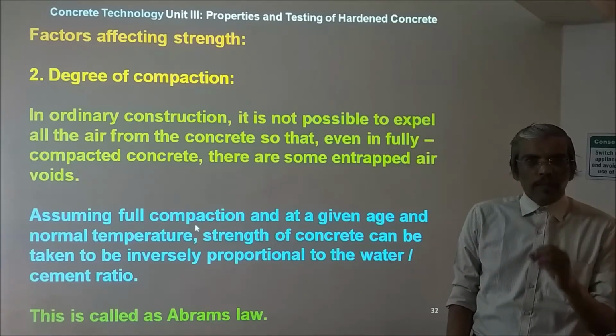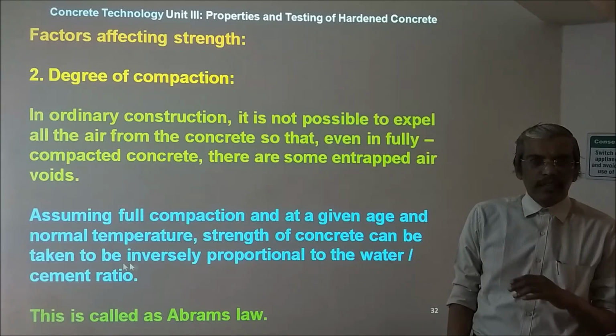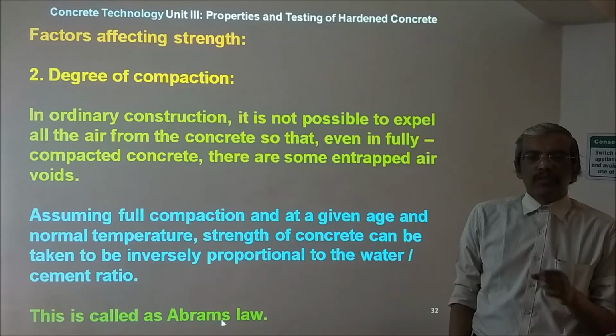Assuming full compaction and at a given age and normal temperature, strength of the concrete can be taken to be inversely proportional to the water cement ratio. This is called Abraham's law.